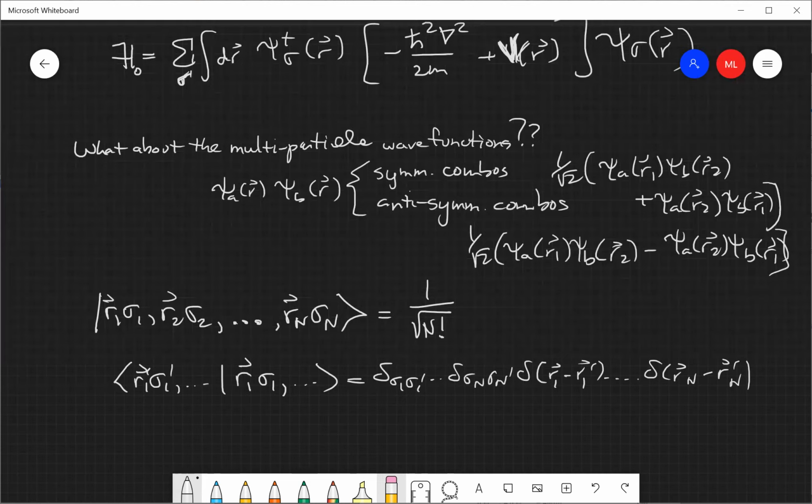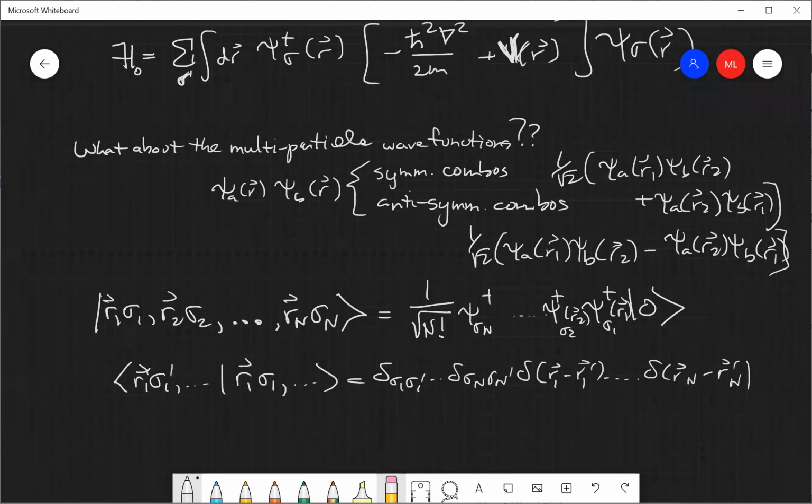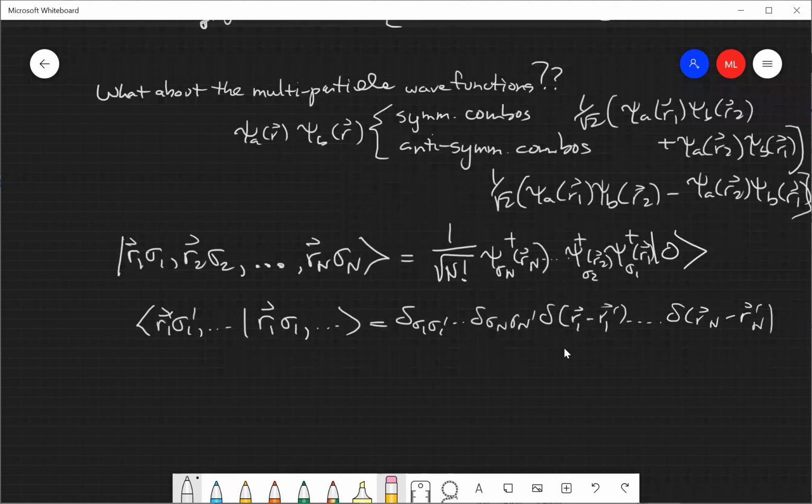And then what you do is you just pop particles in all those locations, acting on the vacuum. You take the vacuum with no particles in it, you pop in a particle at location R1 with spin state sigma 1, you pop one in at location R2 and state sigma 2, and so on, up to sigma n dagger at Rn. And of course, what if I try to compute this inner product? Everything reduces to vacuum expectation values, as promised.